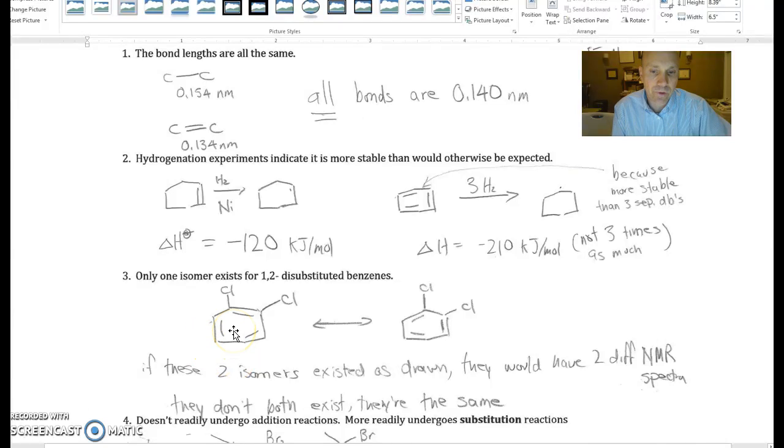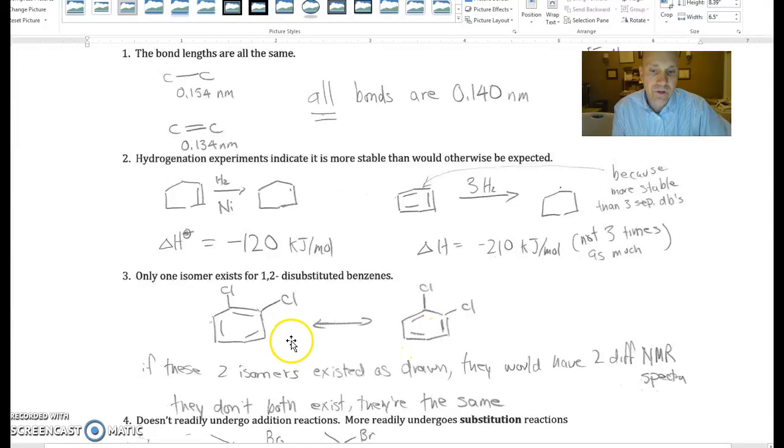One way we know that is that if you know anything about NMR, this molecule right here, if it were actually to exist this way, would have what's called a coupling constant between these two H's right here, which would be fundamentally different from the ones that you have for this molecule right here.